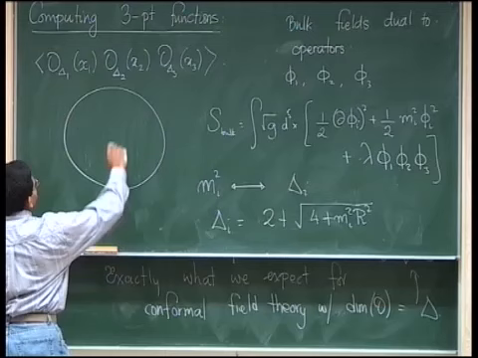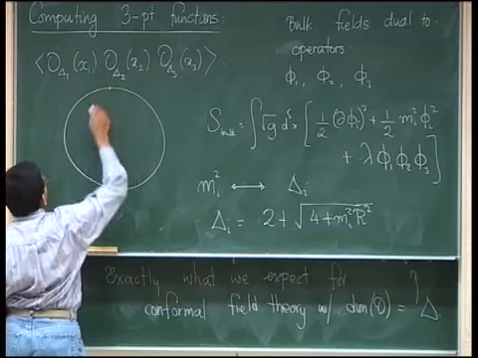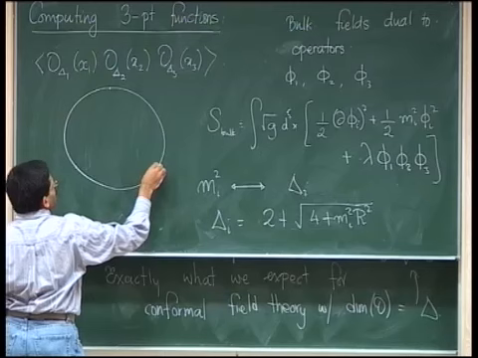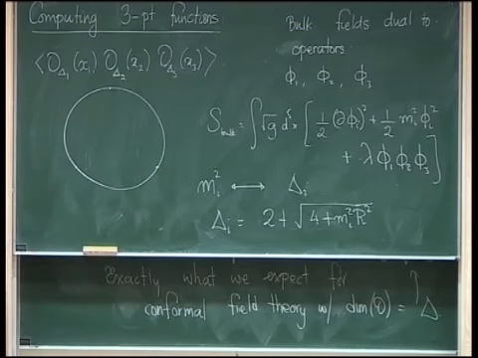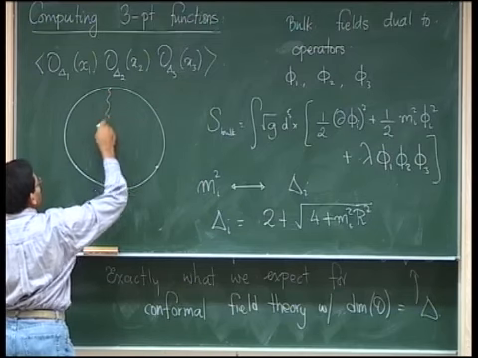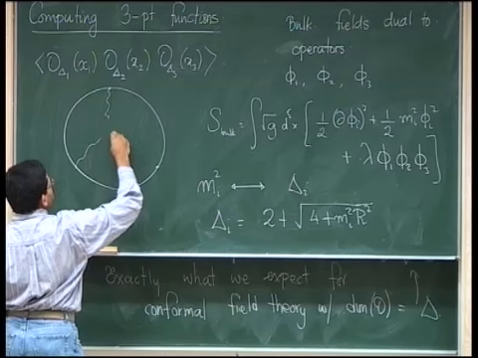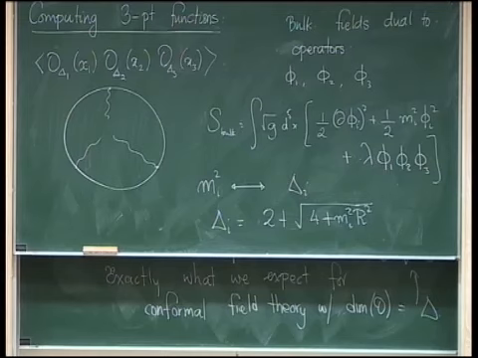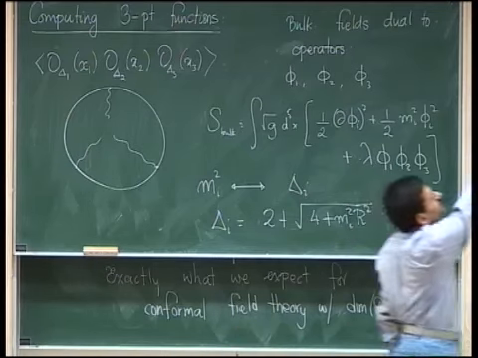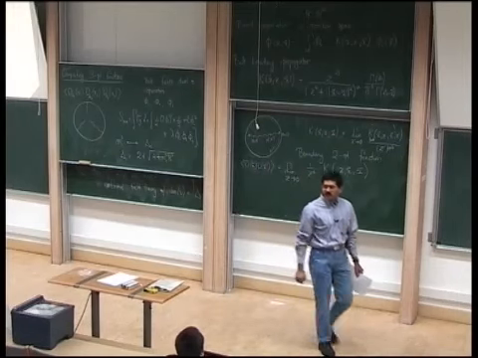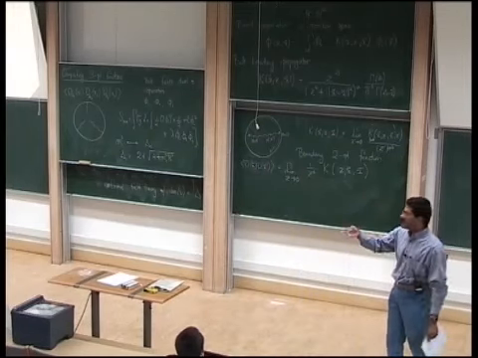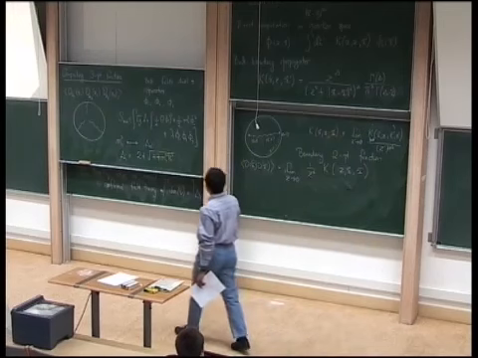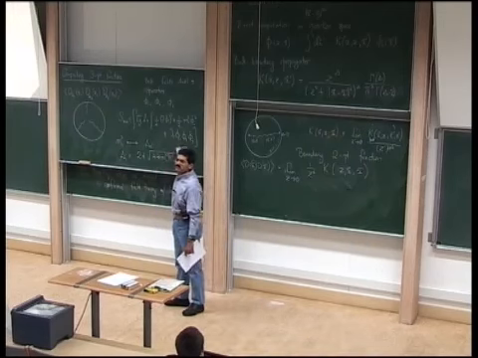So what do I do here? I take my bulk fields, I give them sources at the insertion points on the boundary, and from there on propagate them inward into the bulk using my bulk to boundary propagator. And when I come over to evaluate the action, I have to evaluate this term.